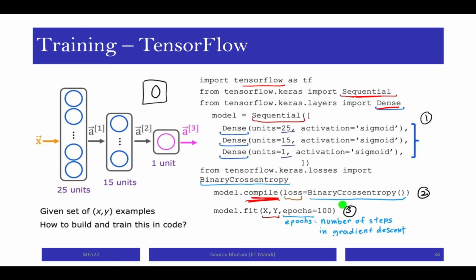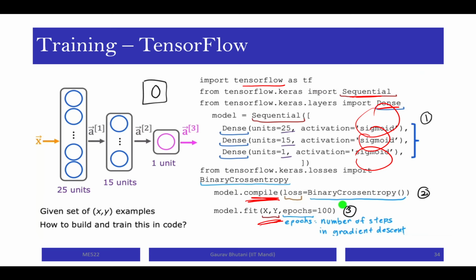Since we have all sigmoid activation functions, I want to use the minus log kind of loss function, called binary cross entropy, a fancy name for minus log of f of x, or minus log of 1 minus f of x. This tells what sort of loss function you want to use, and then you fit.